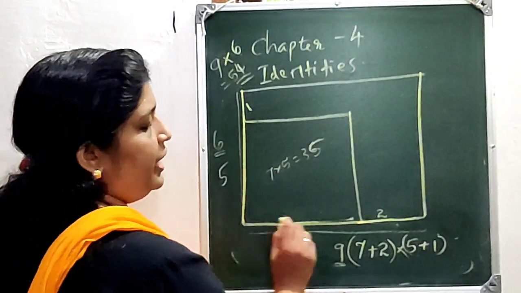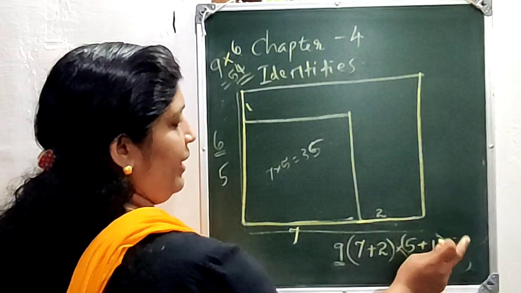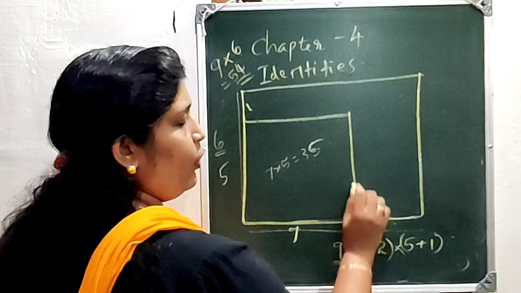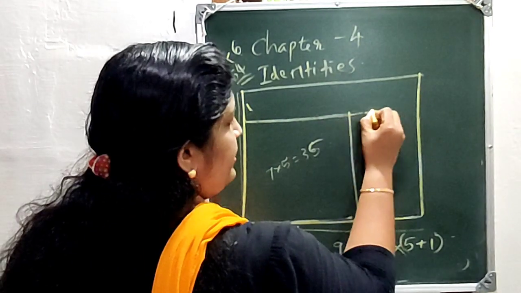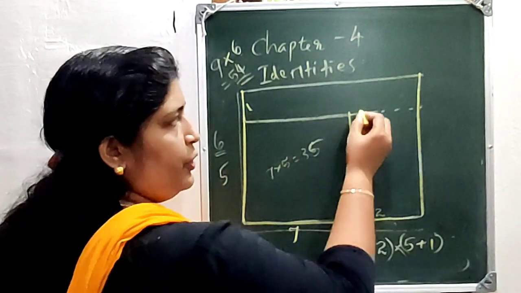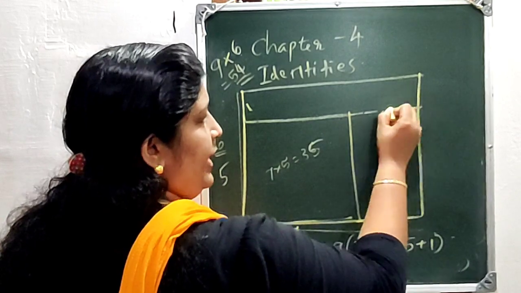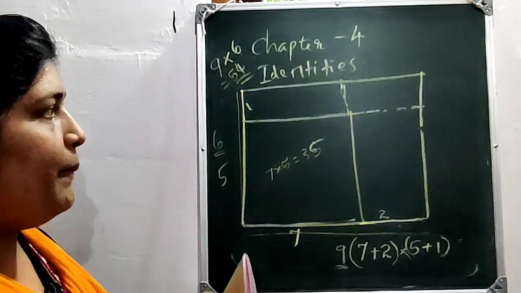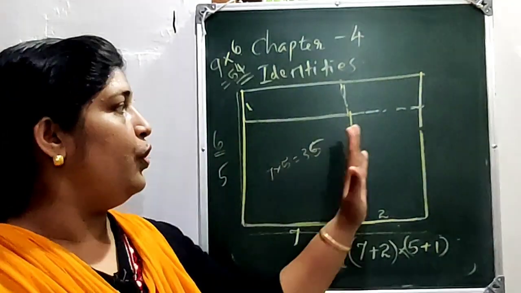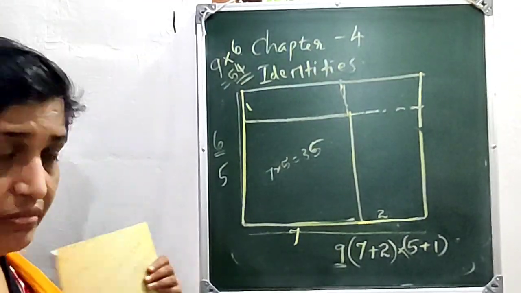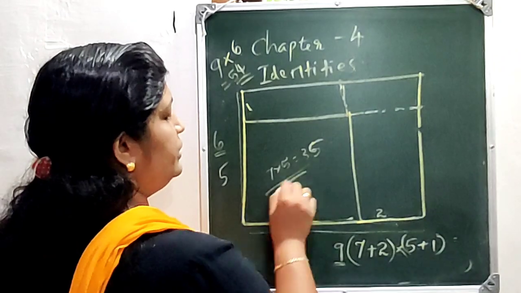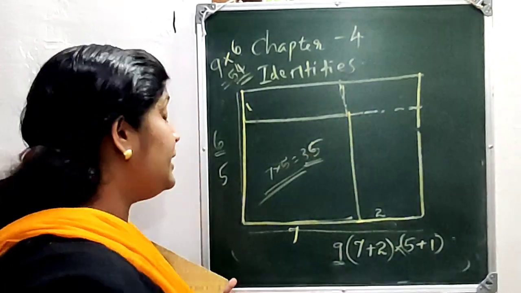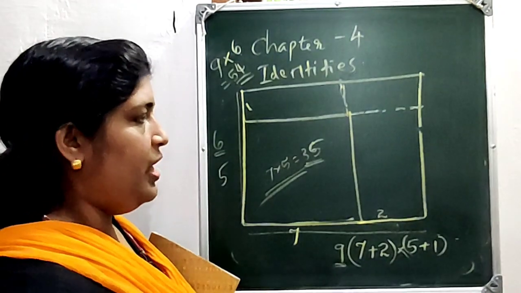For that, I am going to divide this big rectangle into 4 rectangles. One rectangle is already here. Now I draw a line like this, and similarly here also. So the big rectangle is divided into 4 small rectangles. We already have the area of the first rectangle, 35.